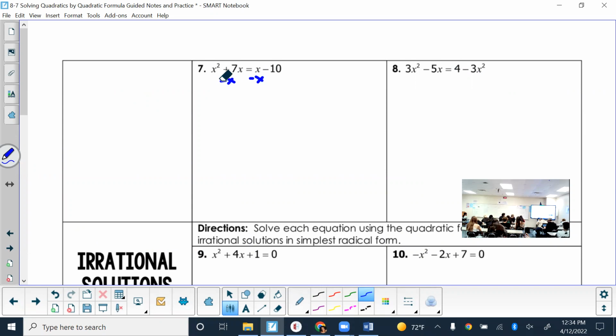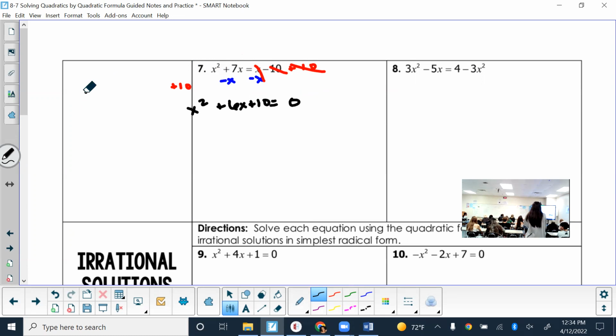Subtract x on each side, and how do I get rid of a minus 10? You add 10 to each side. So then on the right, it is now 0 because we did our inverse operations. On the left, combine like terms. You would have x squared plus 7x minus x, 6x, and then plus 10.